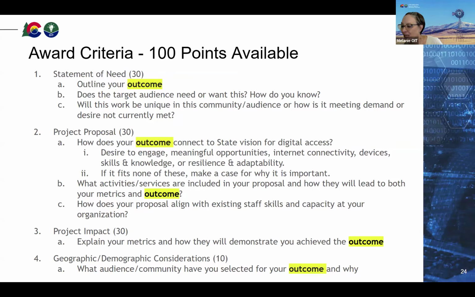Okay. And can one-time costs go to hiring a digital navigator for the year? Also, capital projects are eligible requests for this program as long as they fit the minimum requirements. I believe so.